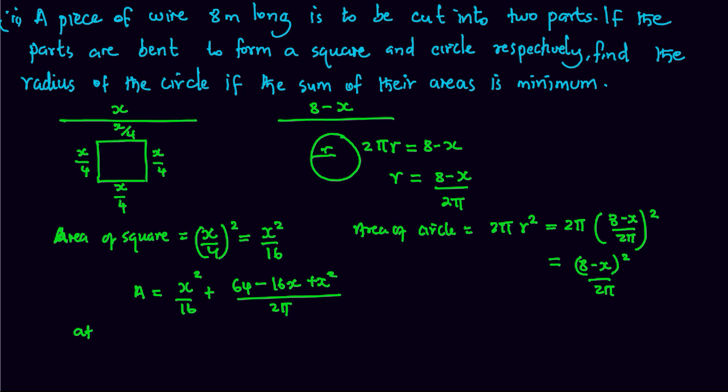At minimum sum, dA over dx is equal to 0.